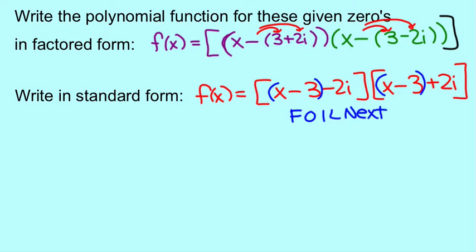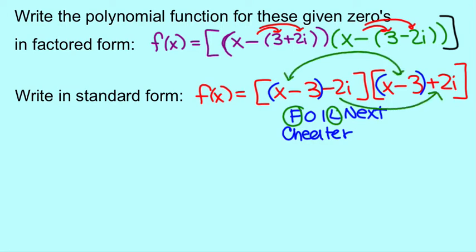The one nice thing about foiling with conjugates, or with complex conjugates, is they cancel out. So we can do this thing called the cheater FOIL. And you only have to worry about the first and the last, because the middle ones cancel out. This is only acceptable when you have your conjugates.